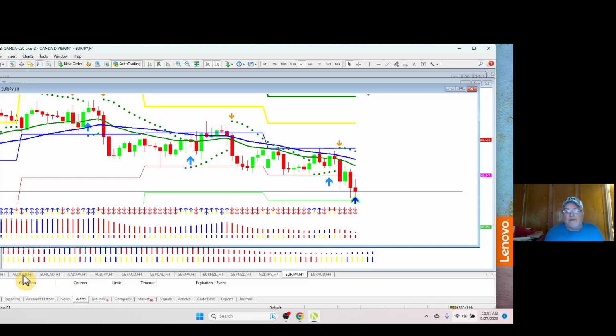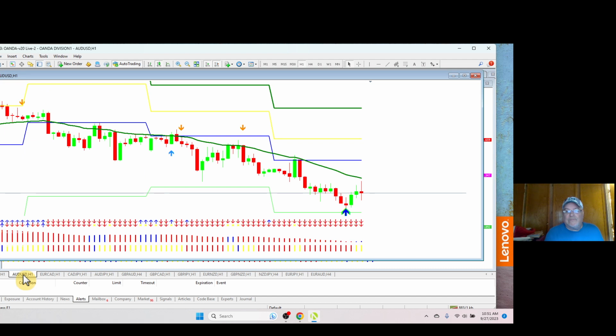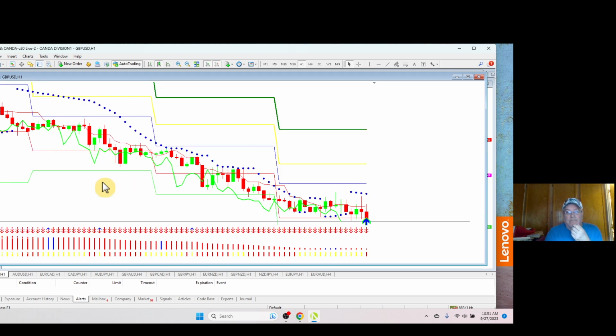Aussie dollar. Still's not going anywhere yet. Pound dollar. I don't know if that's making a buy or not. Yeah, so there's nothing to do there either. 9 minutes. Nothing to do.